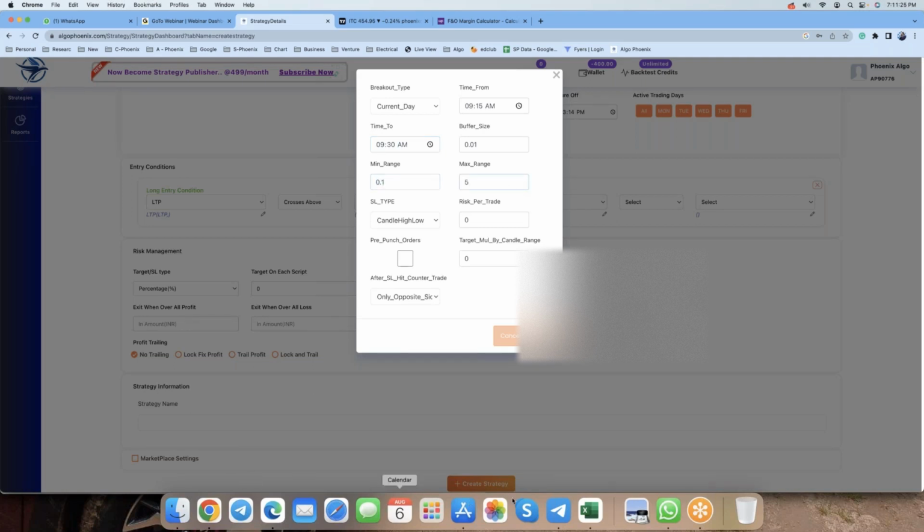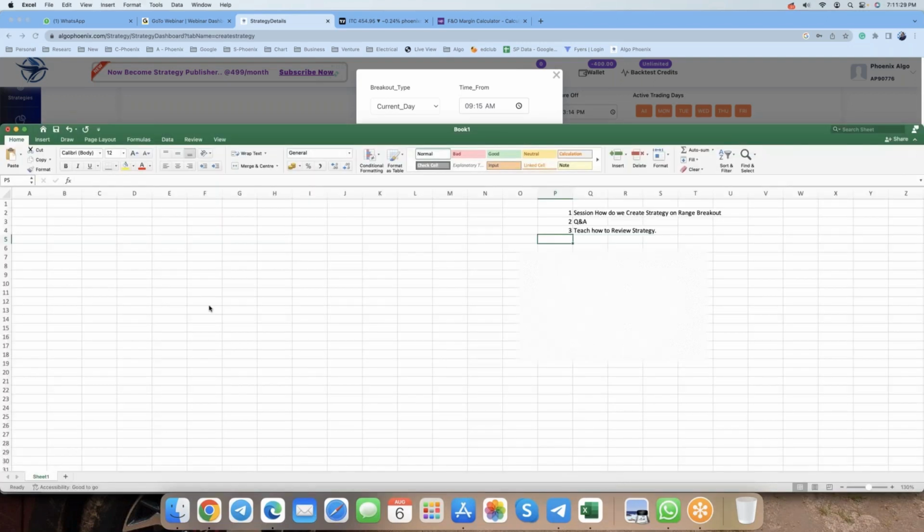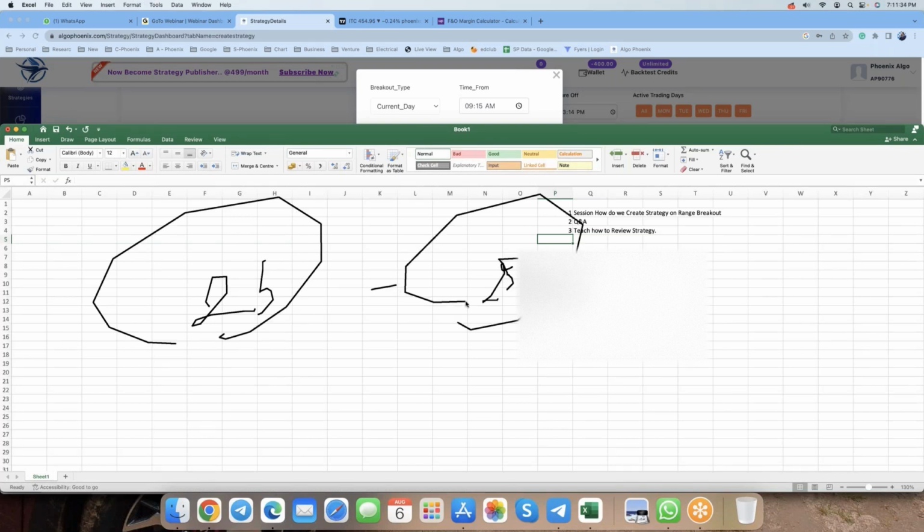What is this? Now the stock price is 2,500. So 1% of 2,500 is 25 rupees, and 0.1% is 2.5. Now I need only stocks that make a range of 25 rupees on the first candle.